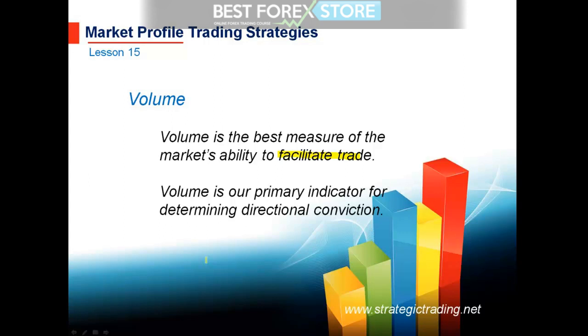And volume is the primary indicator for determining directional conviction, whether the buyers will continue to buy or whether the sellers will continue to sell. This is how we determine directional conviction, by the level and extent of volume activity that we see in the market.